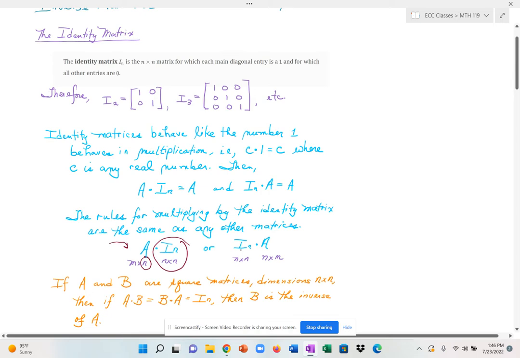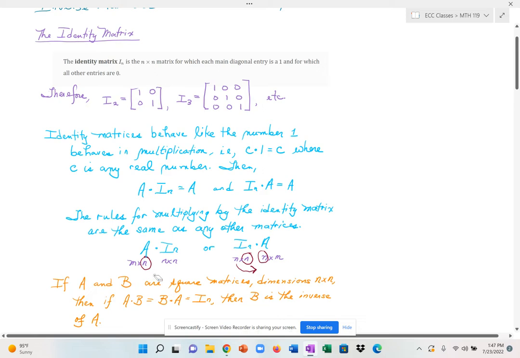Or if you are multiplying an identity matrix by a different matrix, then the matrix A must be an n by m. In other words, this dimension and this dimension always have to match when you are multiplying two matrices, even if it is an identity matrix.